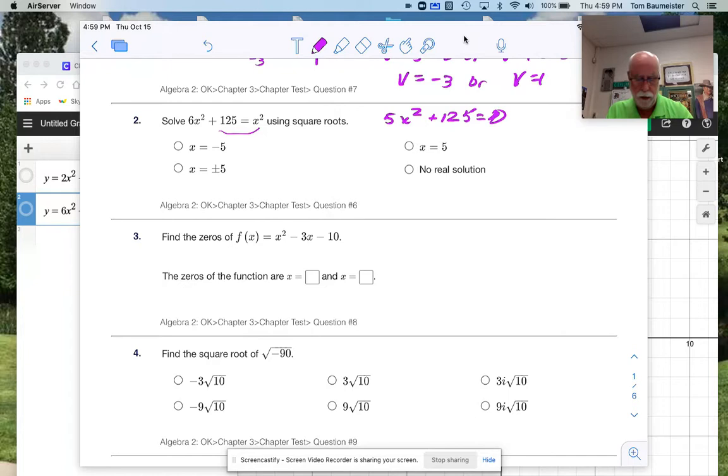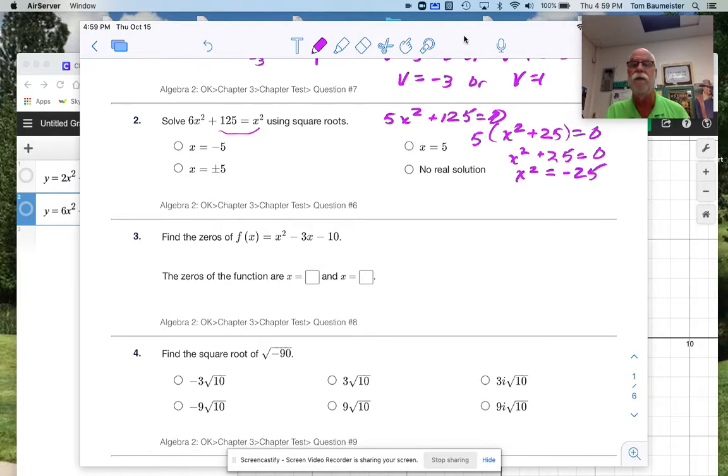All right, looks like I can factor out a 5. So 5 times x squared plus 25 is equal to 0. Again, I can divide both sides by 5. I'll get that x squared plus 25 is equal to 0. I'm going to take x squared and try to solve it, so I have to take the number over to the other side.